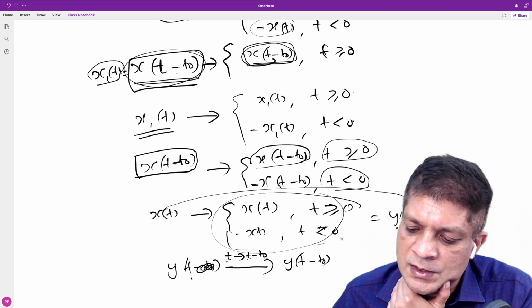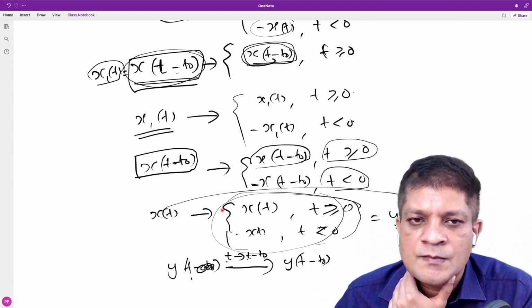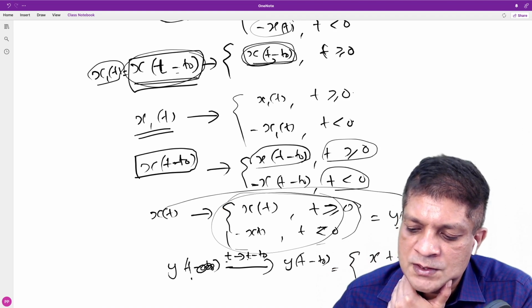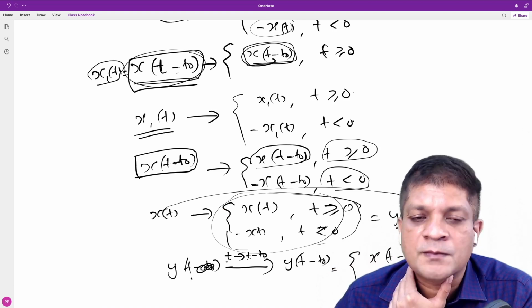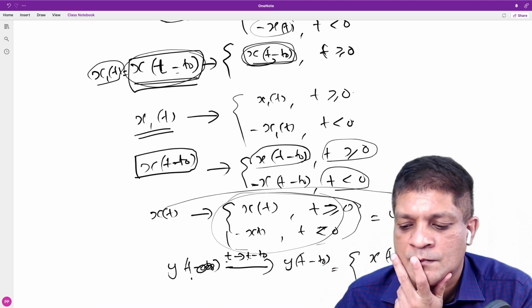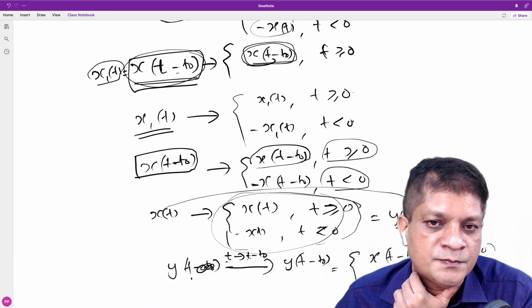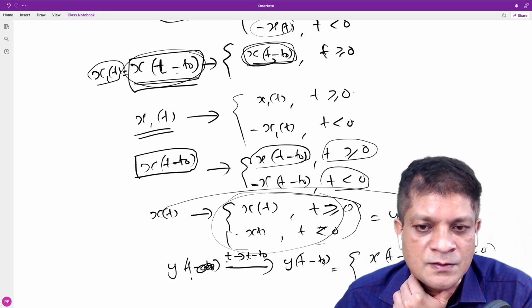Now, what is the delayed version of this? This is equal to what? x(t - t0) for which values of t? t greater than t0. It is t - t0 greater than or equal to 0. What is the reason?